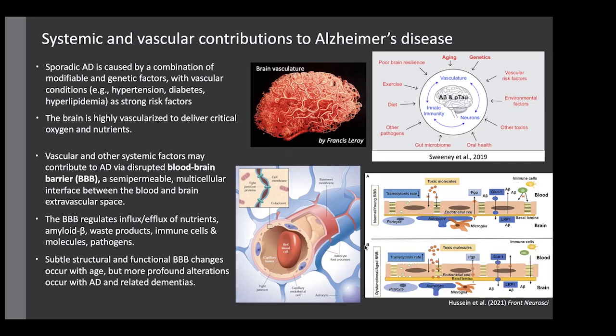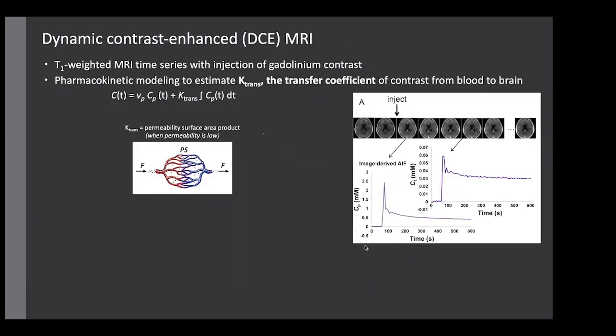Now, with aging, there are some subtle structural and functional changes that occur to the blood-brain barrier, and these are much more pronounced in various neurological conditions, including Alzheimer's disease. So we can measure blood-brain barrier permeability using a technique called dynamic contrast enhanced MRI.